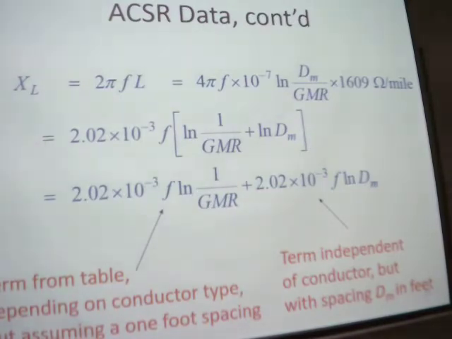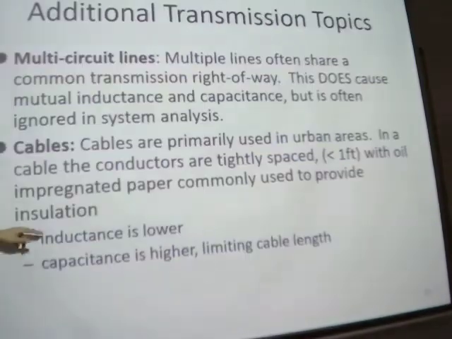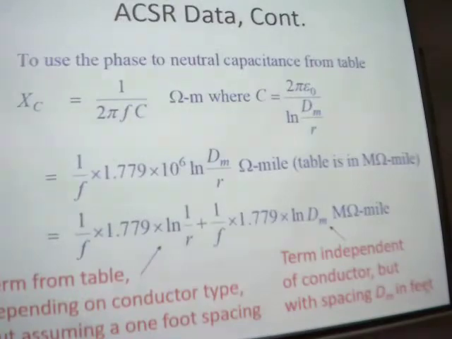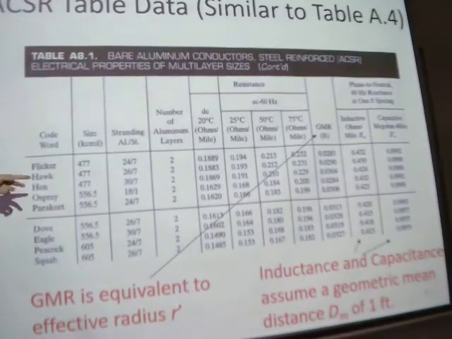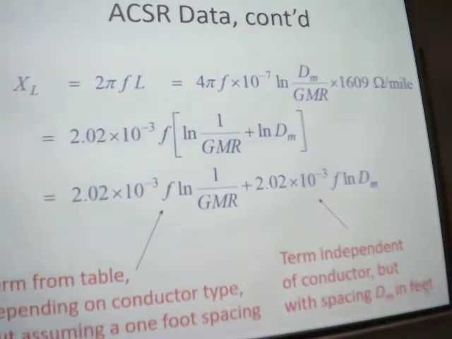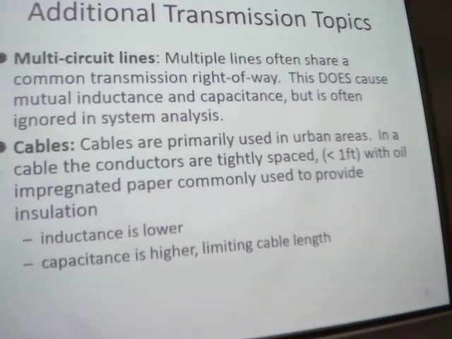So this is the impedance of the inductance and the impedance of the capacitance. We use this table to get all the required parameters to get the total impedance of one transmission line.